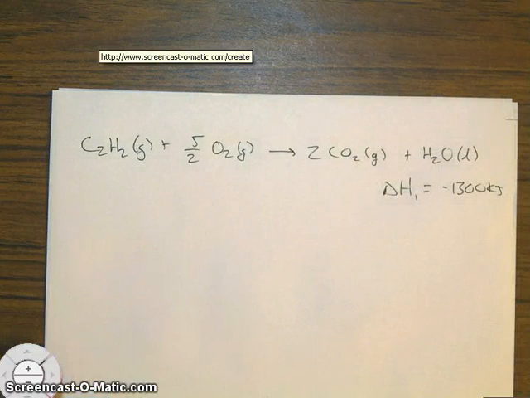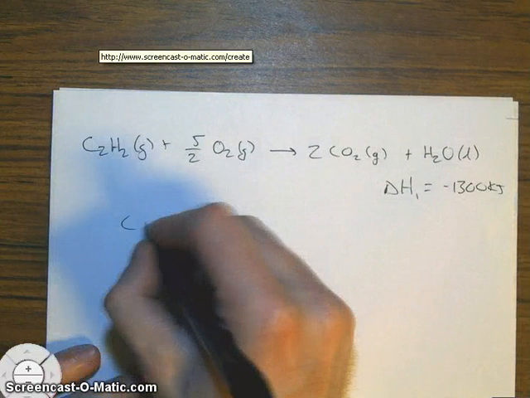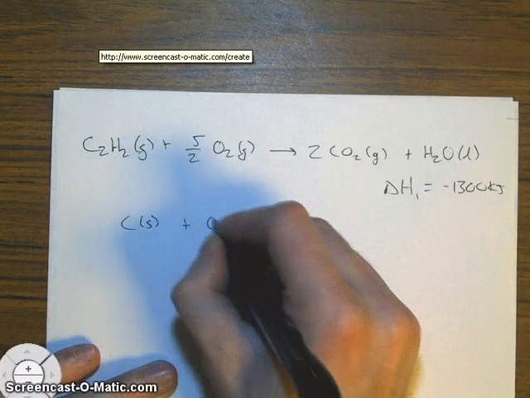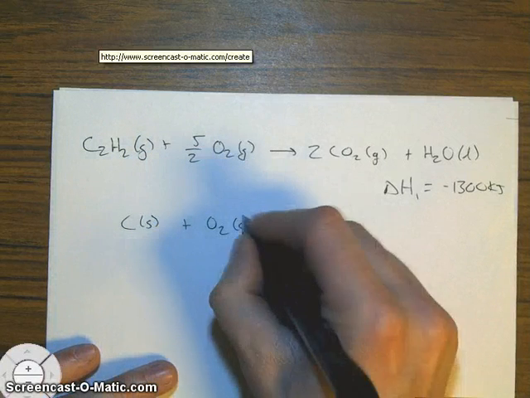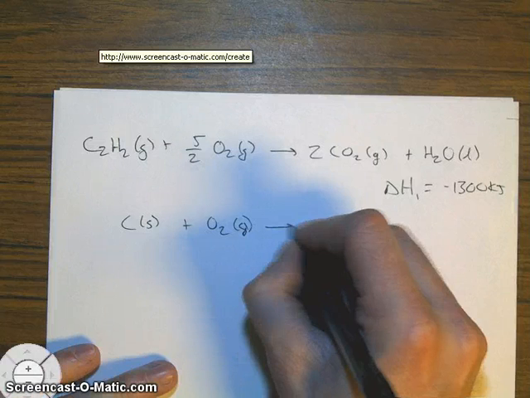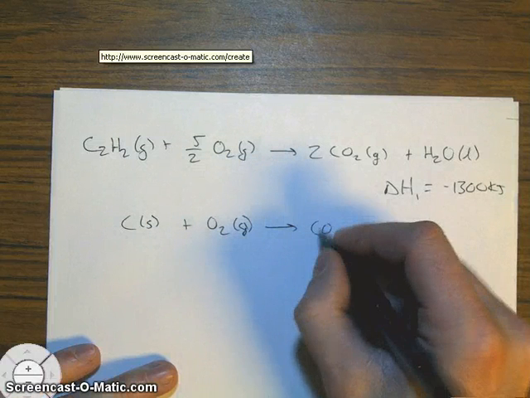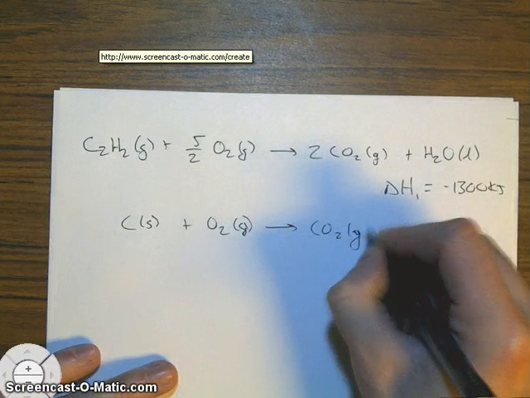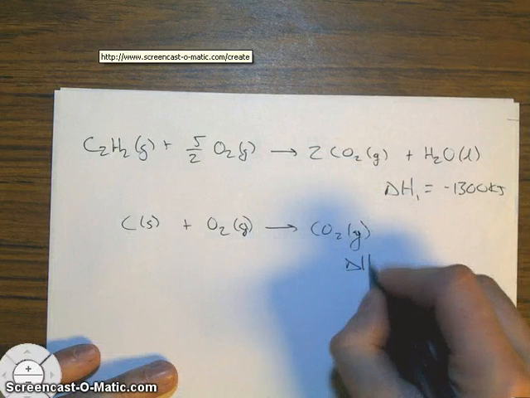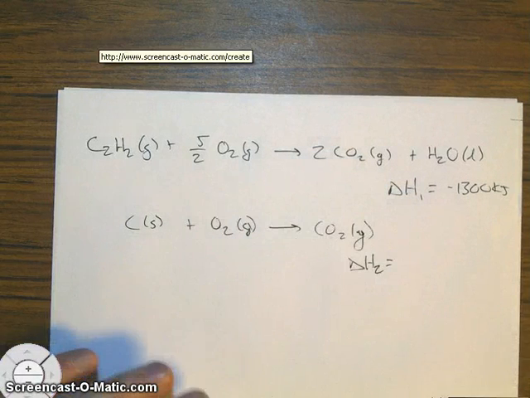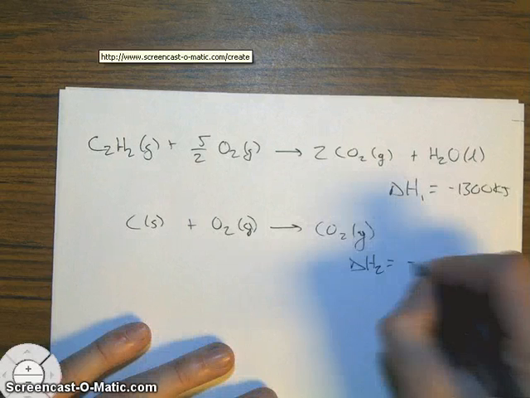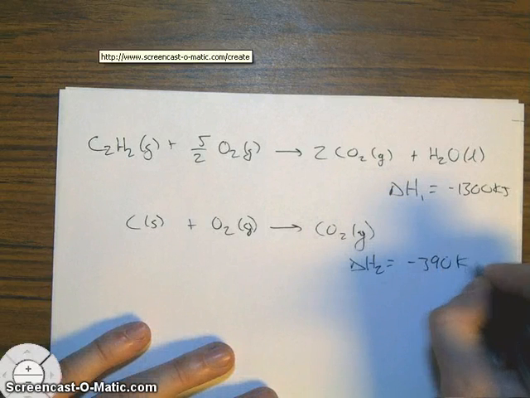Then we're given a second reaction where we have solid carbon reacting with oxygen gas, producing carbon dioxide gas. And this is my second reaction, so I'm going to call it delta H2, and its delta H is negative 390 kilojoules.